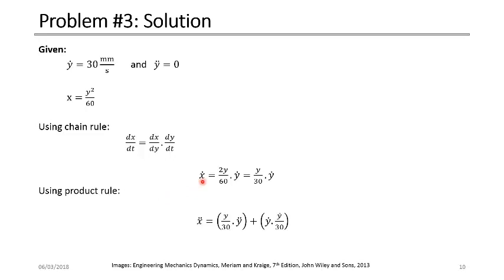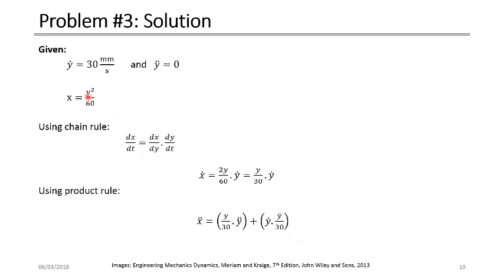On the left-hand side, the derivative with respect to time is going to be x double dot. And here we use the product rule. We take the first variable, y divided by 30, multiplied by the time derivative of the second variable, which is y double dot, plus the second variable, y dot, multiplied by the time derivative of the first variable, which is y dot divided by 30.